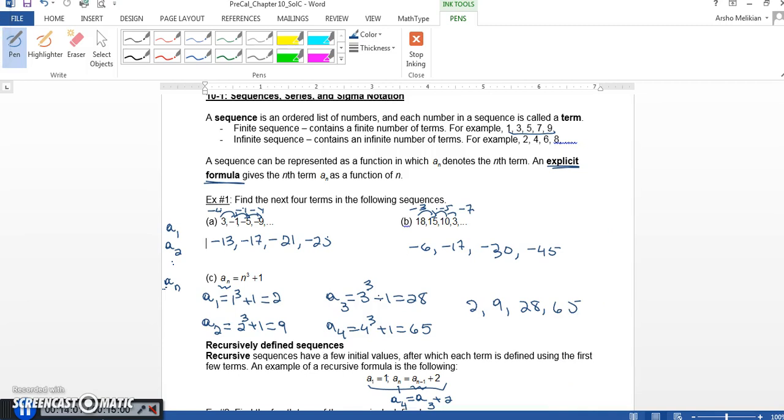You can, however, have sequences where, as the terms progress, the numbers approach one specific value. If that happens, then we say the sequence converges, or it's convergent. If the numbers just keep increasing to infinity, then we say it's divergent.